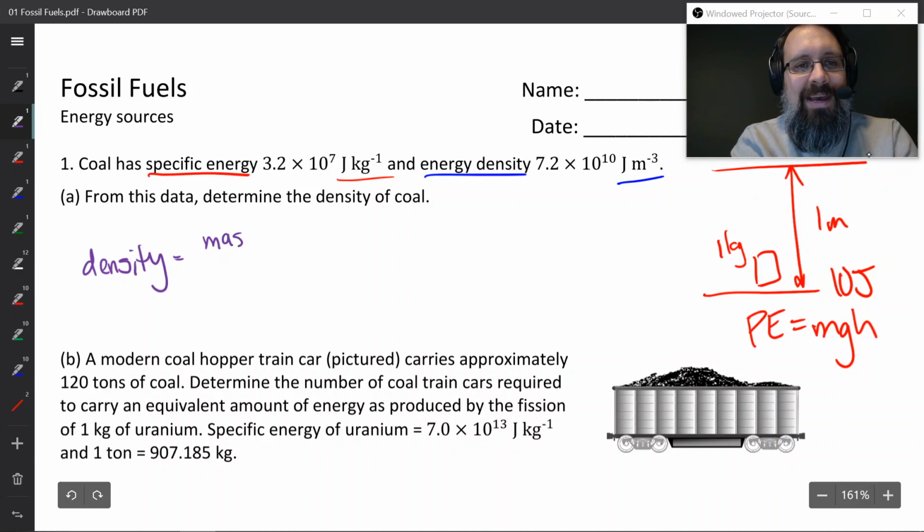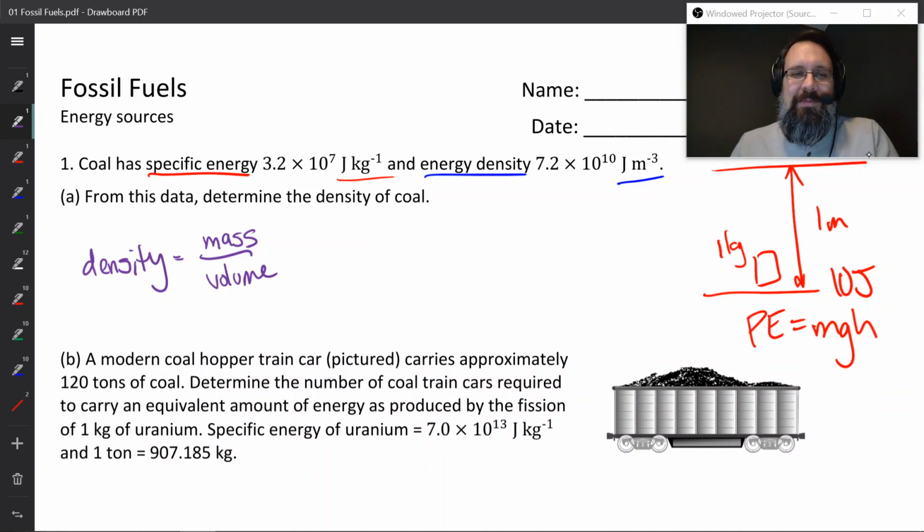That's what it is. I didn't look that up, I promise. It's the mass per volume. So the mass is how much stuff there is, the volume is how much space the stuff takes up, and the density is how much stuff there is per unit volume.